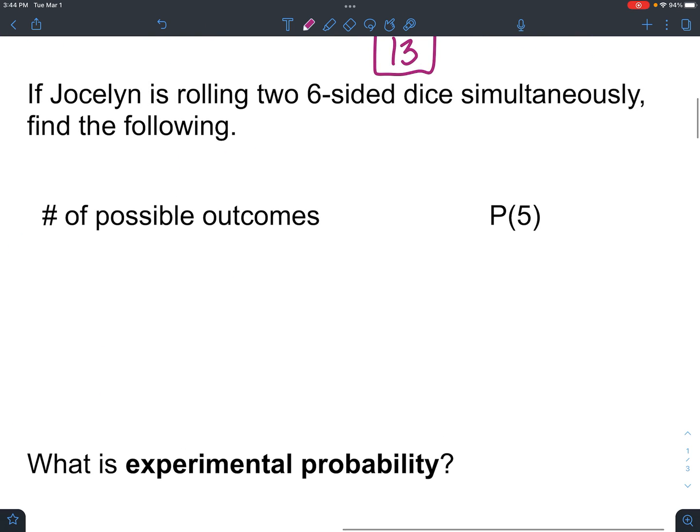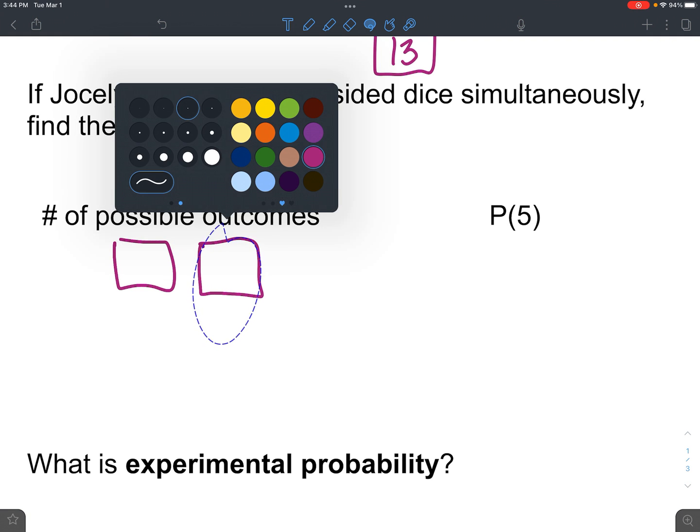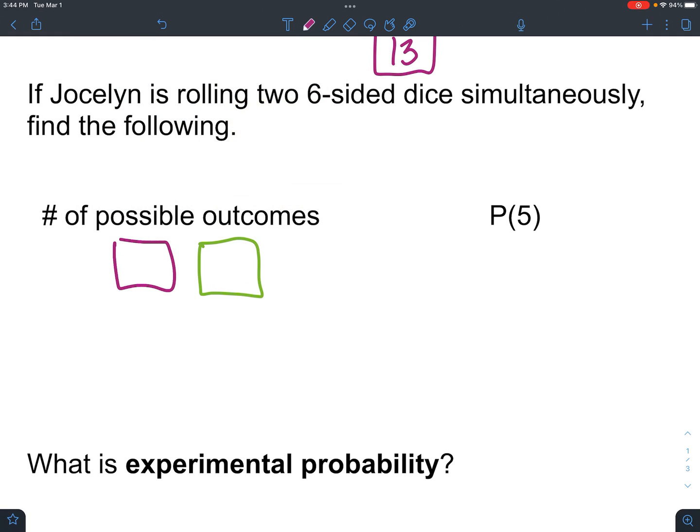Okay. So we're going to do a little experiment in class on this exact thing right here. But when you roll 2 die, you got to kind of imagine that you have 2 different colors of die. You got a purple one and a green one.